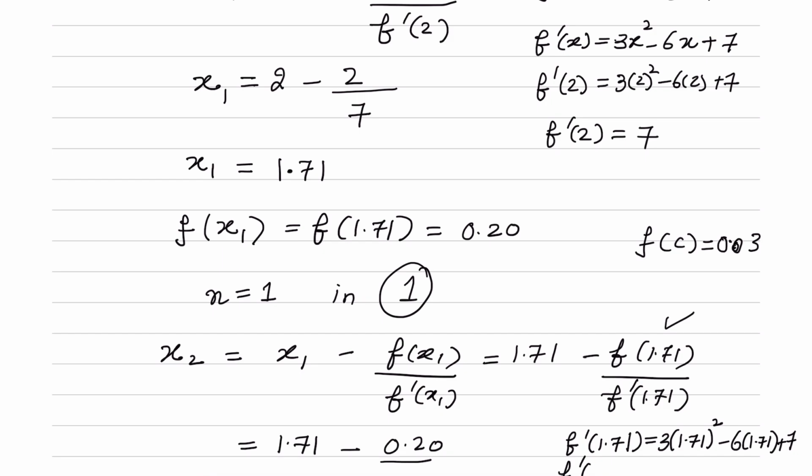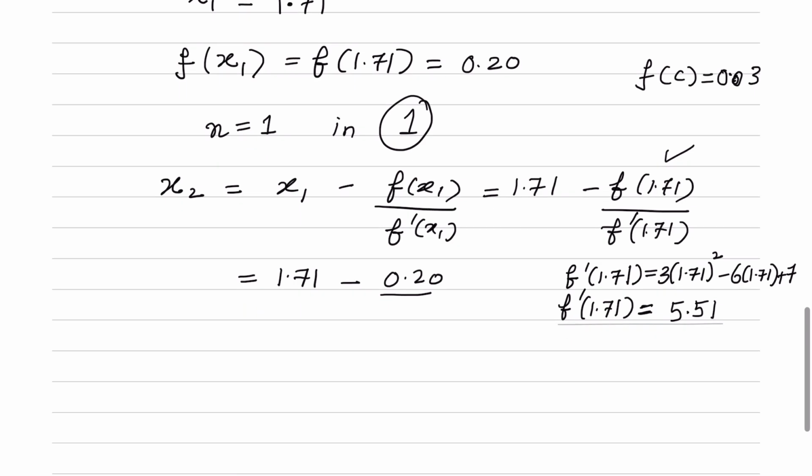This gives us f dash 1.71. It is 5.51. So let's plug it in here, 5.51. We find the value of x2, which is 1.67.